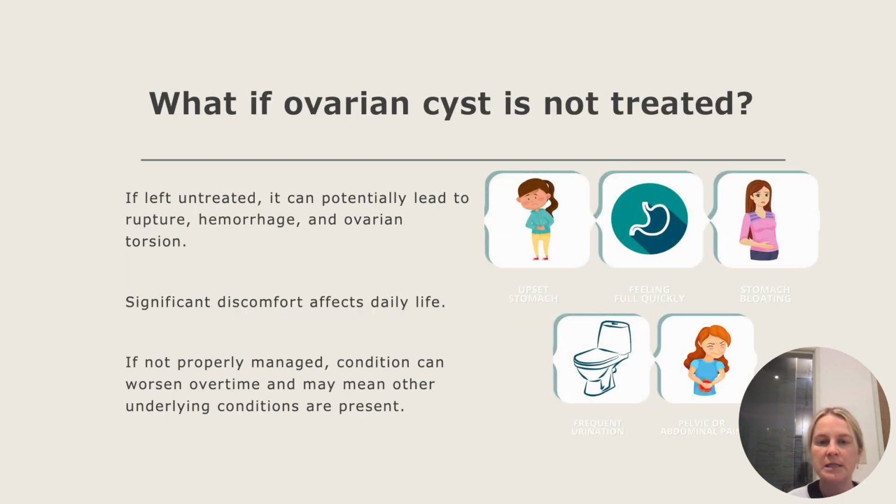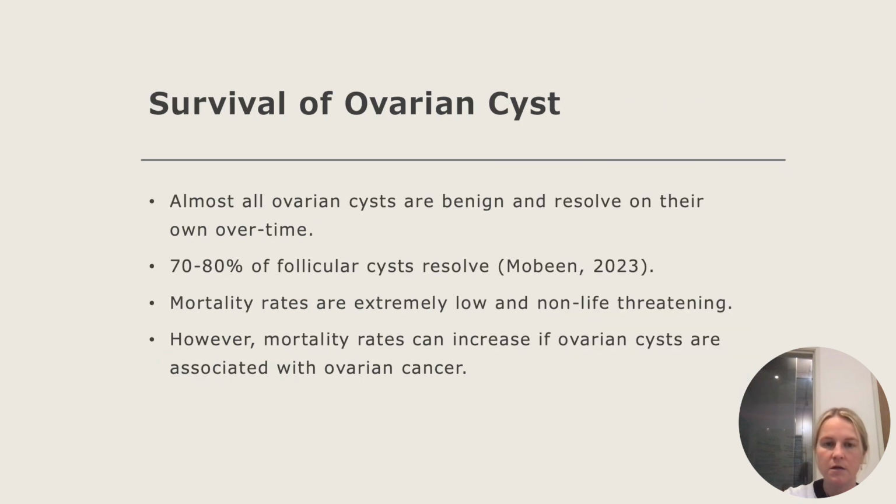If an ovarian cyst goes untreated, it can lead to rupture, hemorrhage, and ovarian torsion. It'll be pretty discomforting, and it affects daily life if it is a really painful cyst. If not properly managed, the condition can worsen over time and may mean other underlying conditions are present, whether it's cancer or something else that's affecting the cyst.